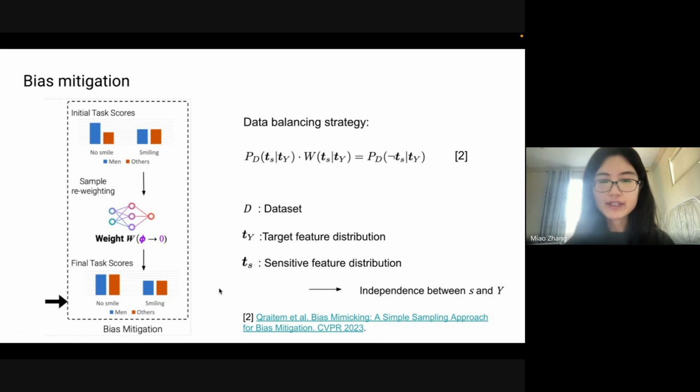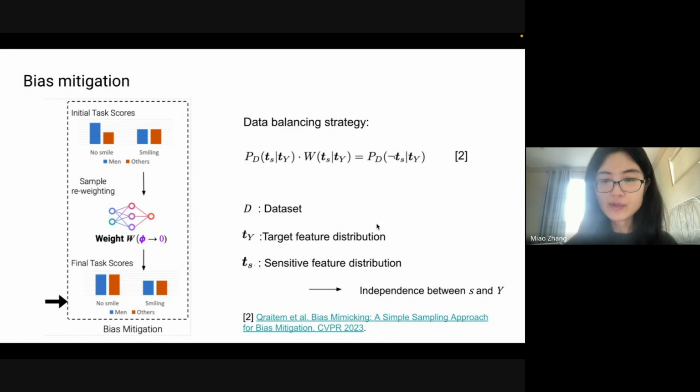The idea is to make sure that the ratio of different features is the same for each target. Given the target feature distribution T_Y and the sensitive feature distribution T_S, those conditions derive a weight W that we use for each sample of the dataset.